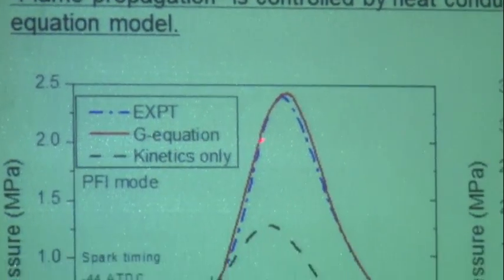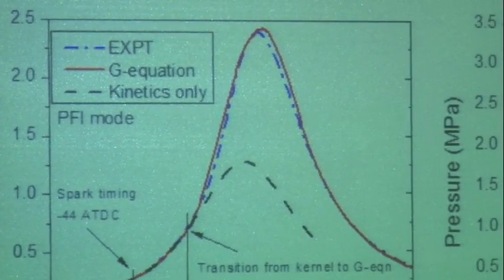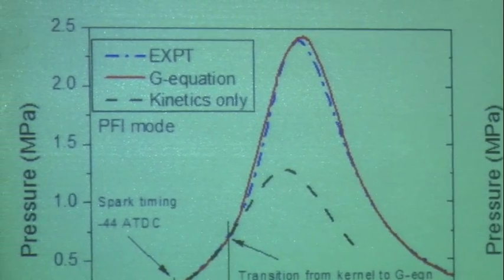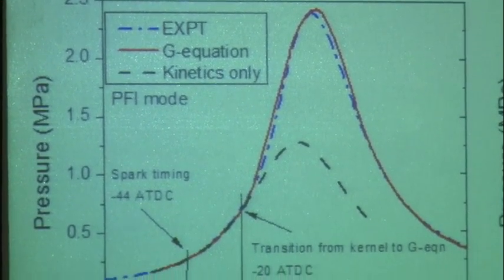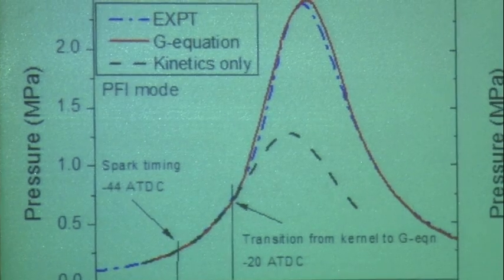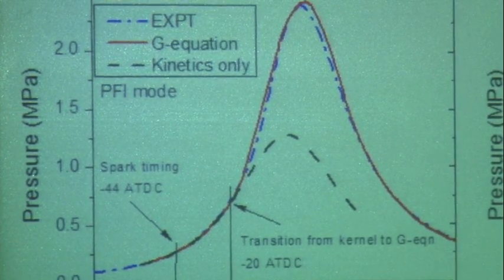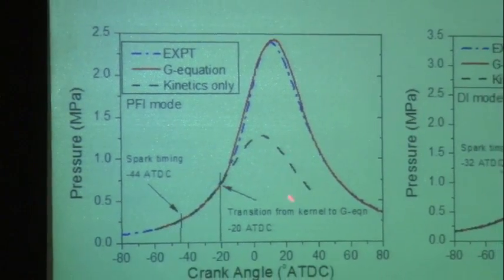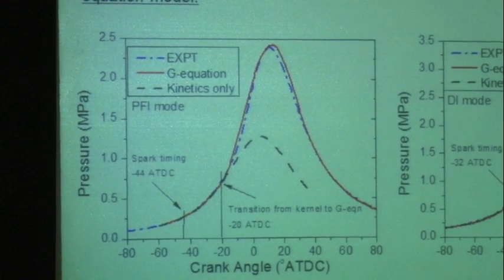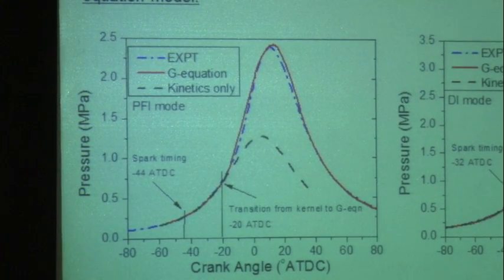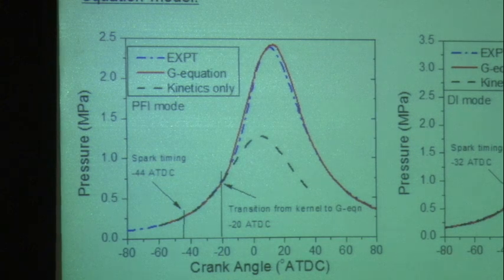If you don't do that and you just assume that kinetics is the only combustion mechanism, in other words, you use the well-stirred reactor concept that we've got away with in the diesel, you find that you just cannot predict the rate of combustion reasonably at all.